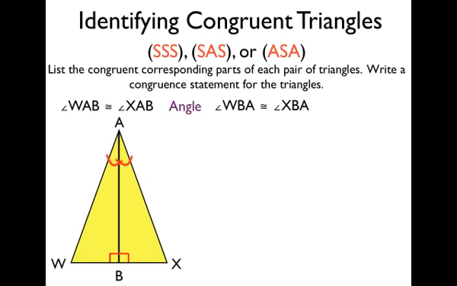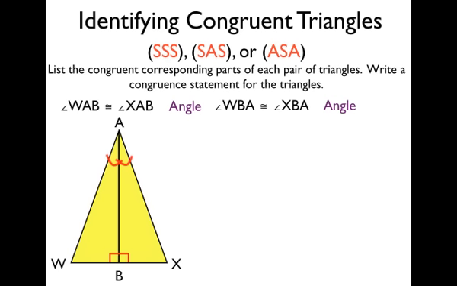I know that angle WBA and angle XBA down at the bottom are both right angles. Right angles are equal to each other. So now I have 2 angles. Now this is where people get a little bit stuck. So I have an angle and an angle. That eliminates side, angle, side. That leaves angle, side, angle. Well, what side is between the two angles?